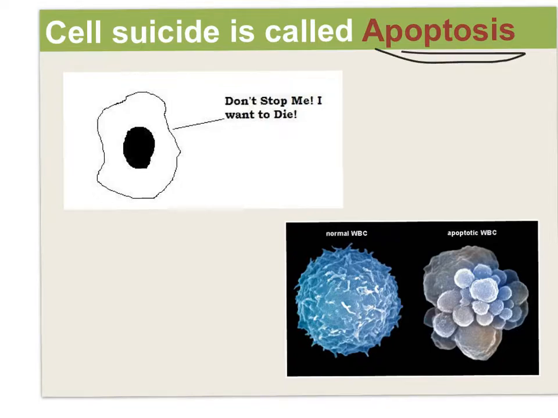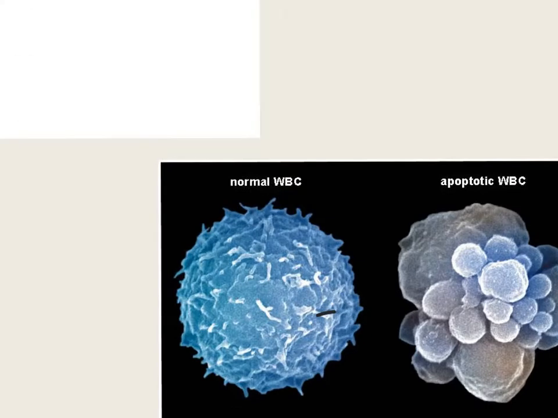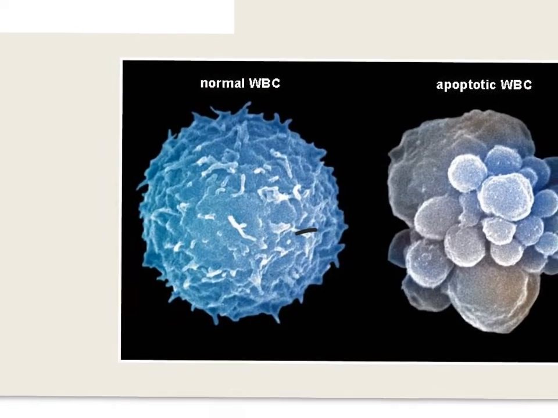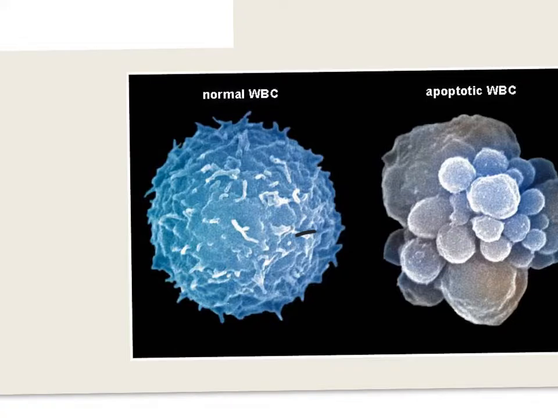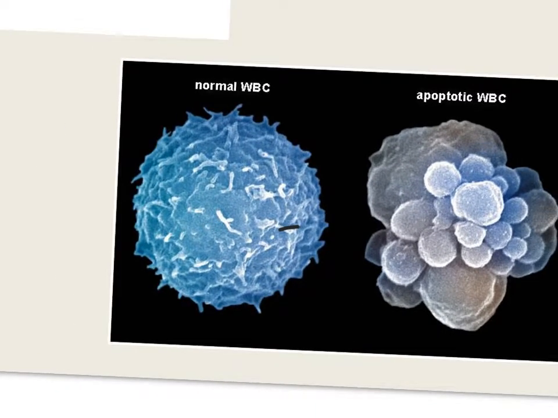Apoptosis. So that's when a cell gets a signal from a tumor suppressor protein that it's blown it, and it's time for it to kill itself. So here we have a normal cell, and here we have a cell that's actually destroying itself from the inside out.